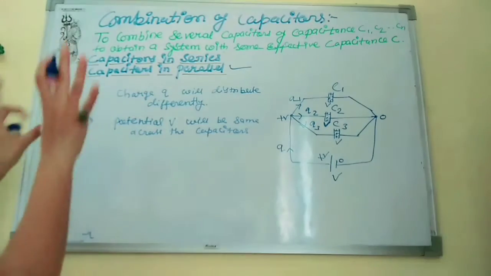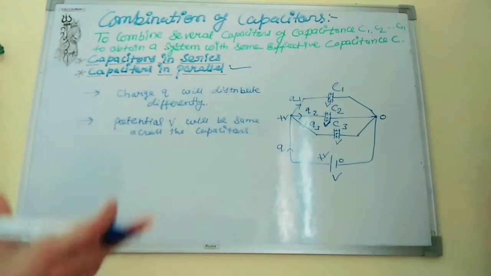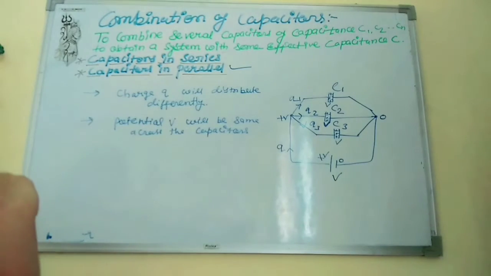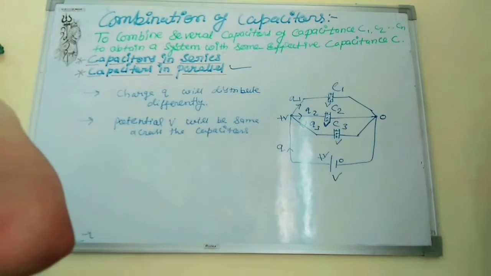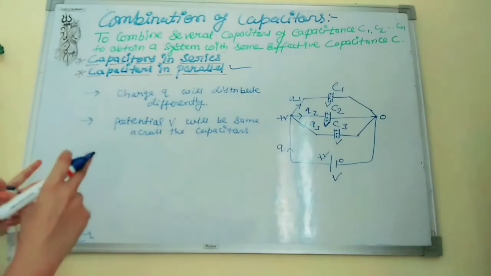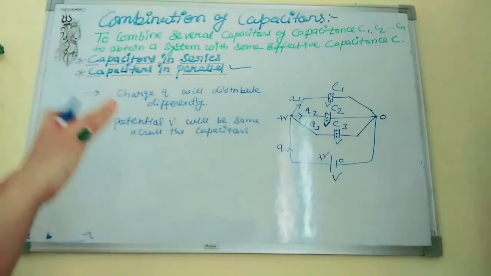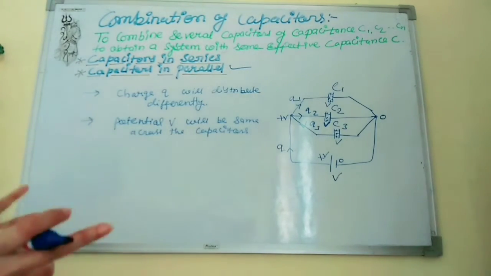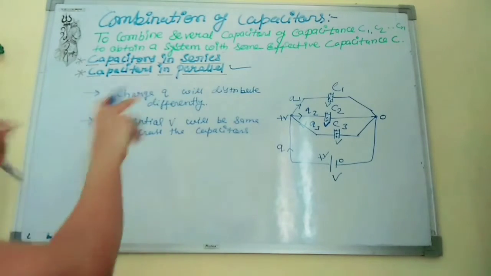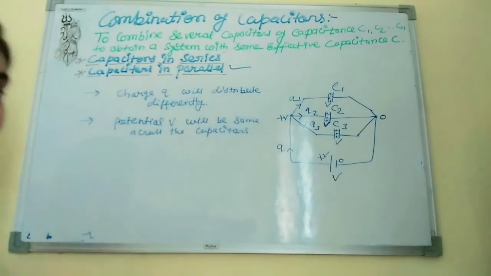Now you see we have two points, and it is just the opposite of series. In series, the charge was the same on all capacitors and the potential was different. Here the charge will get distributed differently and the potential will be the same.